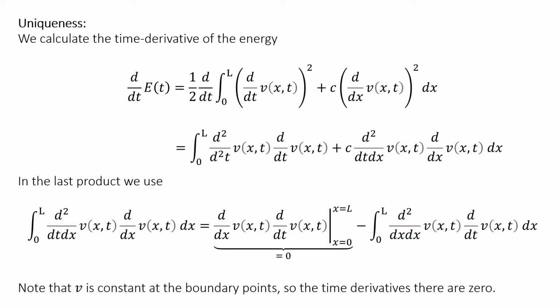So we can just pull the derivative into the integral and compute the time derivatives of those two squares. What we get then is the integral from 0 to L of the second time derivative of v(x,t) multiplied with the first time derivative of v(x,t) plus c times the derivative in space and then in time of v(x,t) multiplied with the first x derivative of v(x,t) dx.